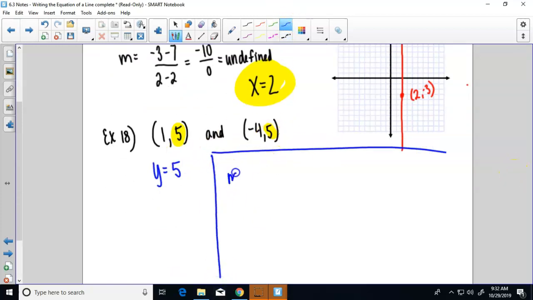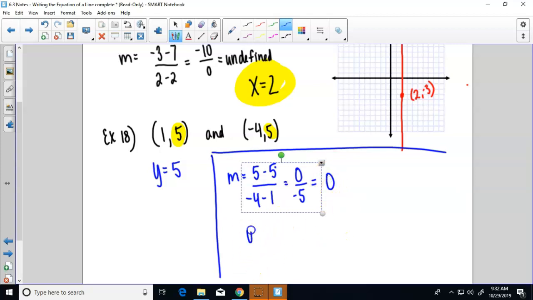If you did the slope, you would have 5 minus 5 over negative 4 minus 1. It's going to give you 0 over negative 5. What is 0 over negative 5? It is 0. 0 on top is 0.